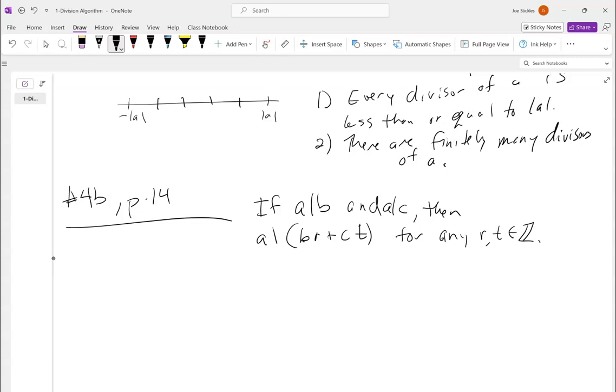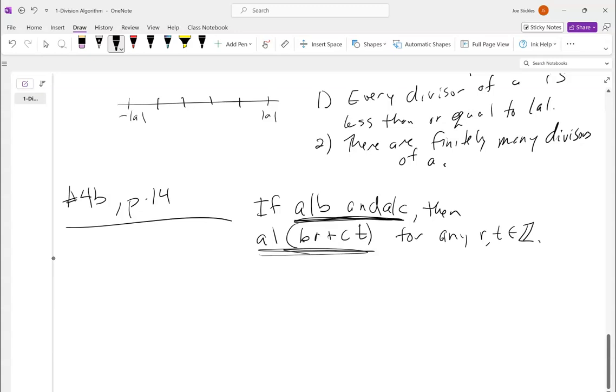We haven't built up a lot of machinery yet, right? We have the definition of divisibility. That's basically it. So the way I would attack this type of problem would be, I would use my definition to write this statement, and then also use the definition so that I see this statement.